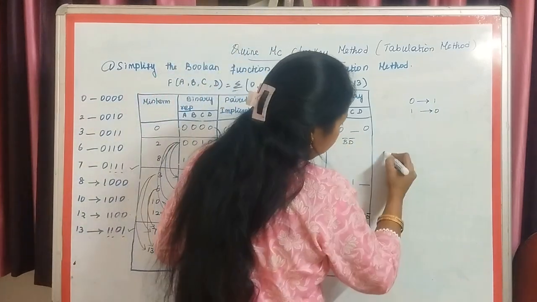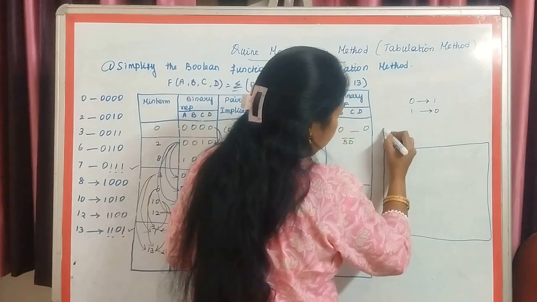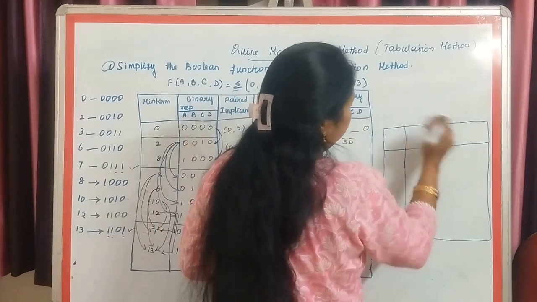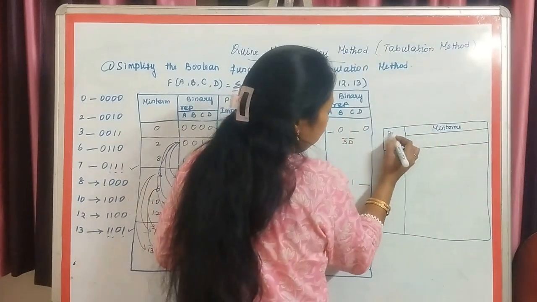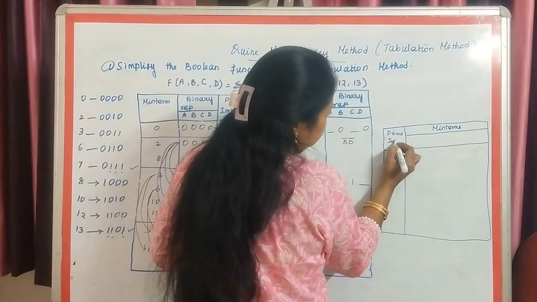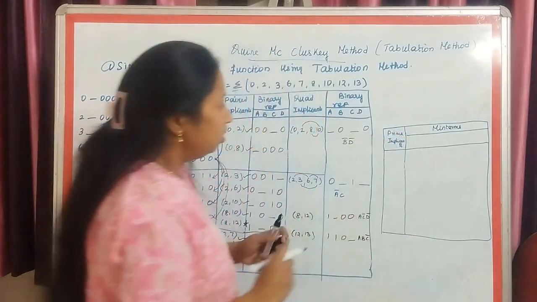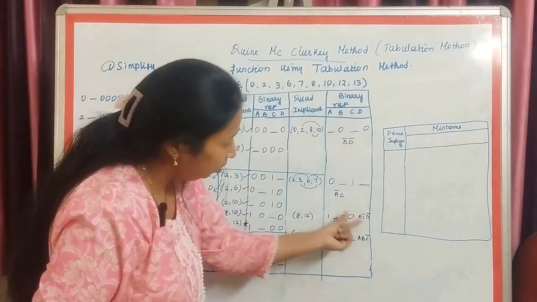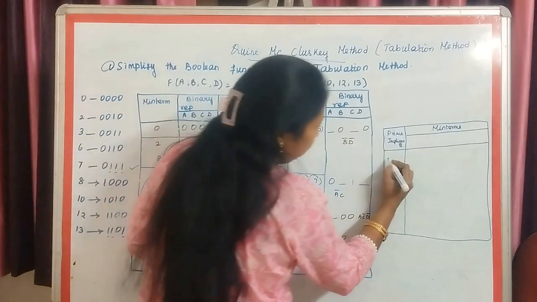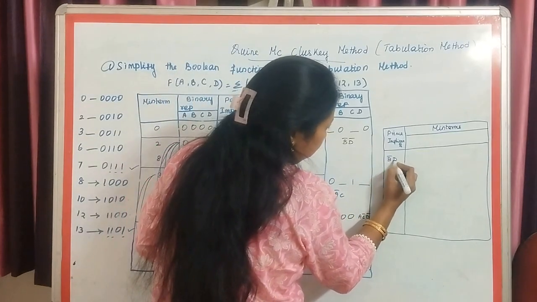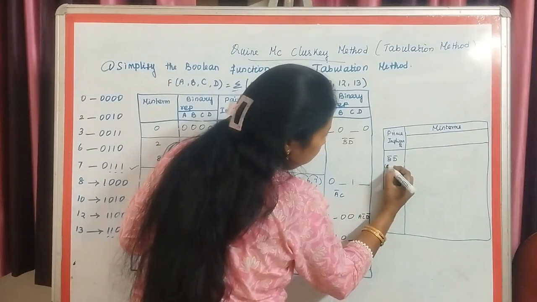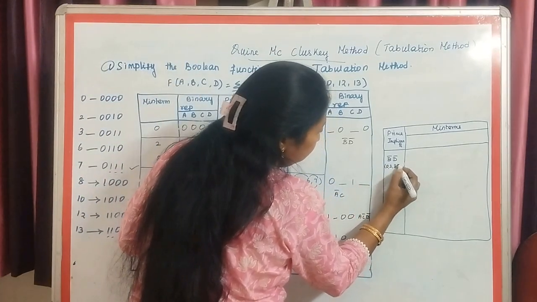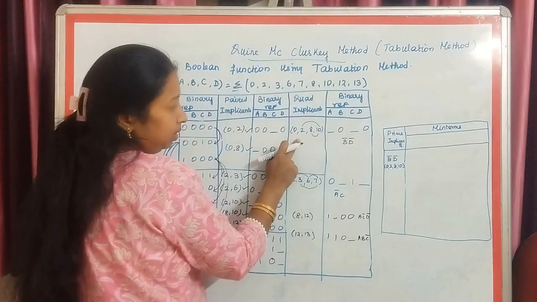Fine. Now, these are my prime implicants. Whatever expressions I found here, I'll be mentioning them here. B bar, D bar, along with the numbers. It is 0, 2, 8, 10 for B bar, D bar, right?